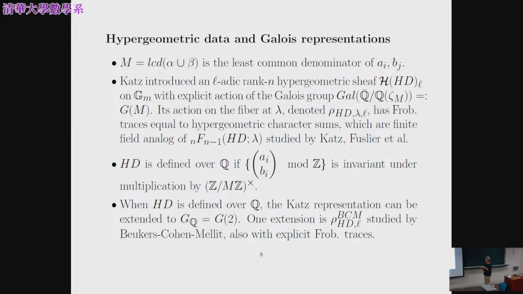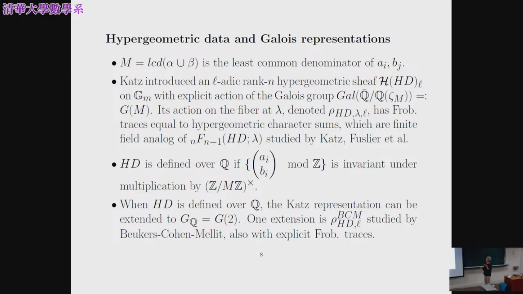So just very similar to what we saw about the monodromy action, for this Galois action, again we pick lambda, which is a non-zero element in the field. Then we also have the action of the Galois group on the fiber at that point lambda. That representation we call the rho attached to the data HD at point lambda, which is L-adic.